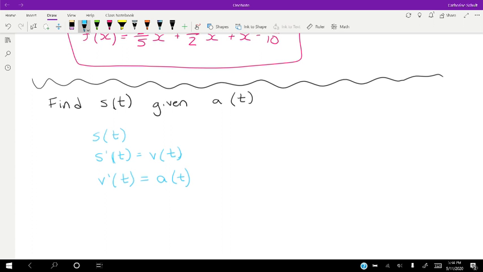Now we're going to start here and work our way up. Previously we always started with the position, took the derivative to get down to the acceleration. Now we can go backwards. We can start here and do two antiderivatives to give us the position. Okay, so that's the kind of thing we're going to be doing next.